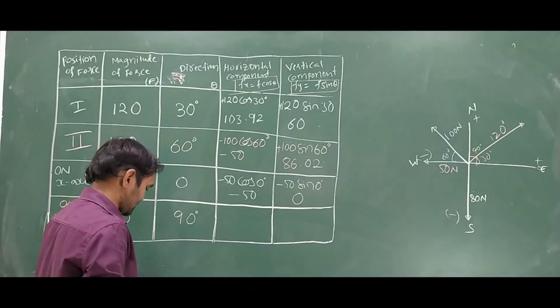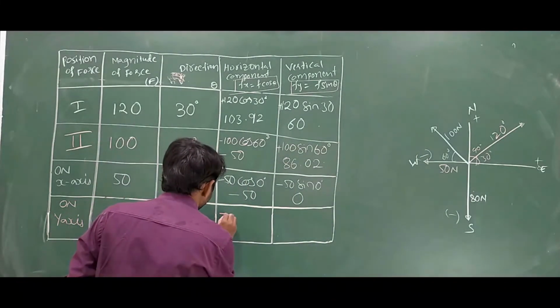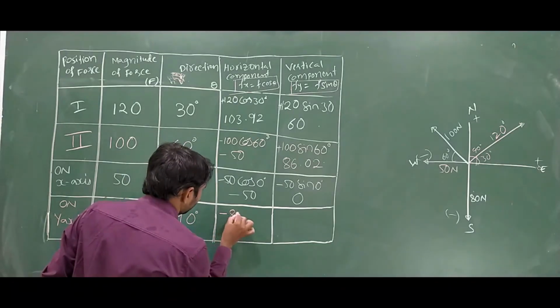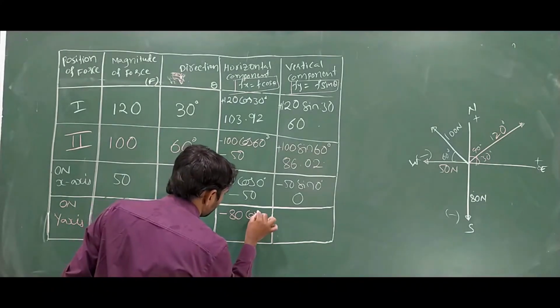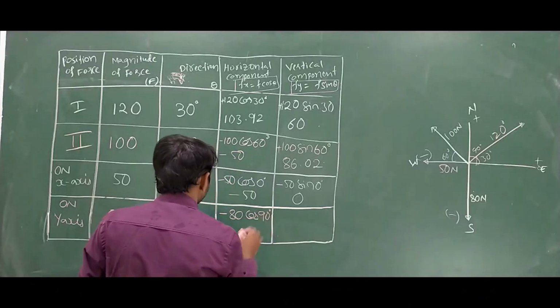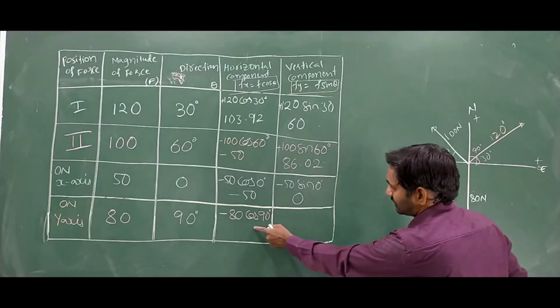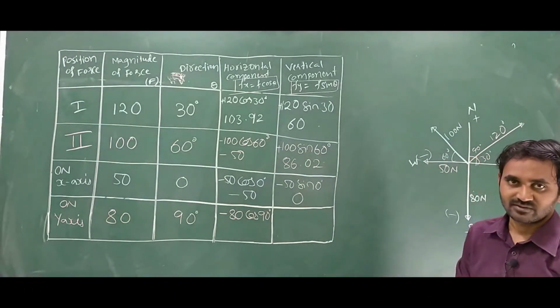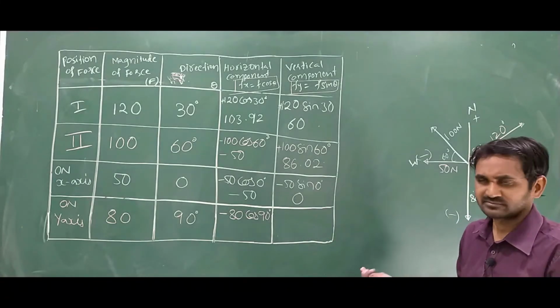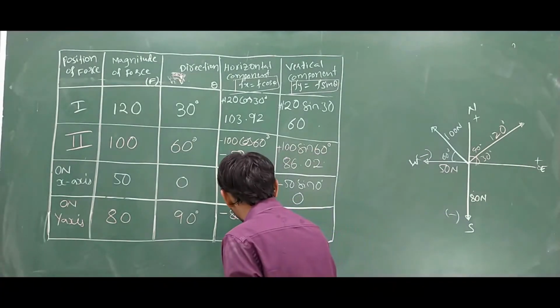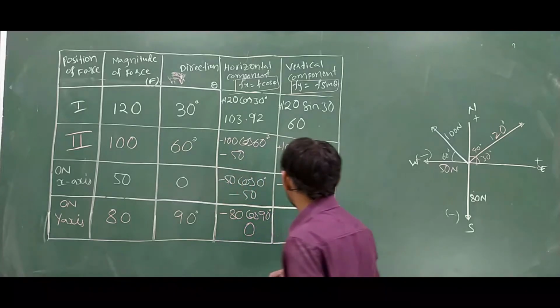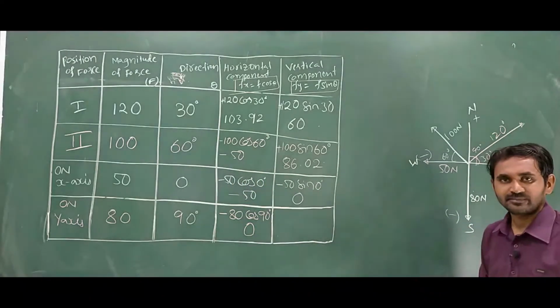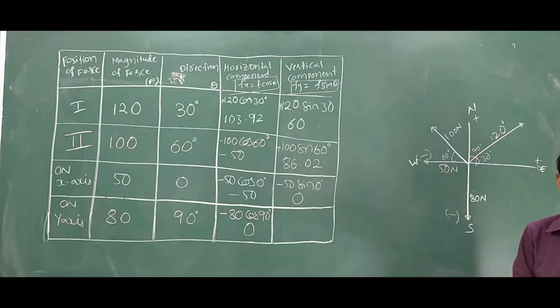So I am writing it as minus 80 cos 90 degrees. The value of this will be 0 again, because cos 90 and sin 0 will be 0, so you will get zeros over there.